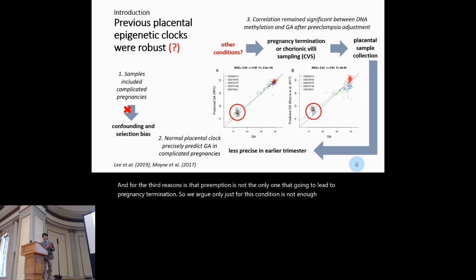There are other conditions, and as you can see, they are very likely to lead to preterm deliveries. That's why, in our argument, the clock is less precise in earlier trimesters.